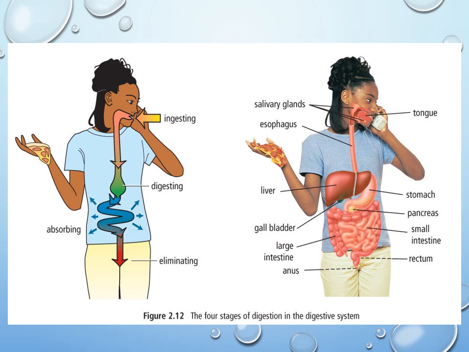Your salivary glands, those are the things that produce saliva, which aids in chemical digestion. Then you have your esophagus, which is where your food moves down to get to your stomach. Then you see the pancreas there. You see the gallbladder, which is the little pear-shaped thing underneath your liver, which stores the bile that the liver produces. You see your intestines. And finally, where your food comes out, your anus.